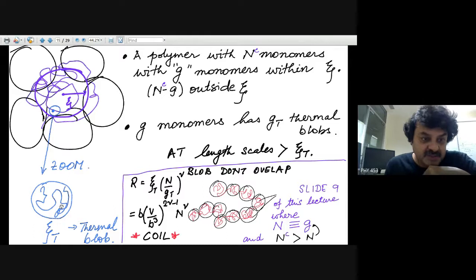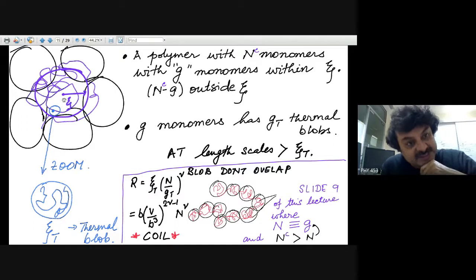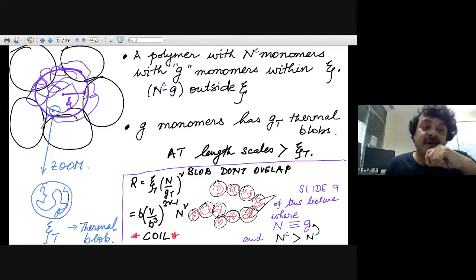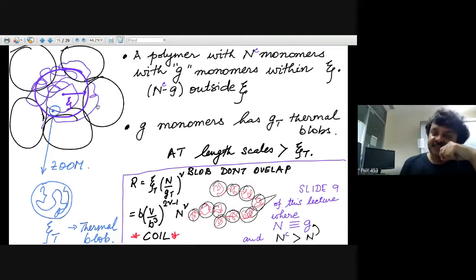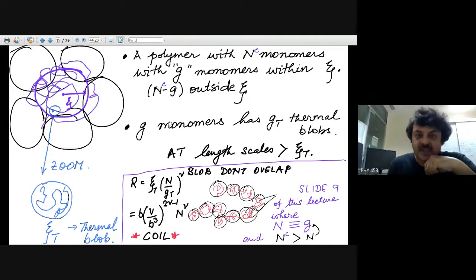So if this is your polymer chain, you have a monomer at a very small length scale, and at this scale you have a thermal blob, and a self-avoiding random walk of a large number of thermal blobs gets you to the zeta length scale. And above the zeta length scale, monomers from different polymers start interacting. So G monomers has GT thermal blobs, and at length scales greater than zeta you have interaction.